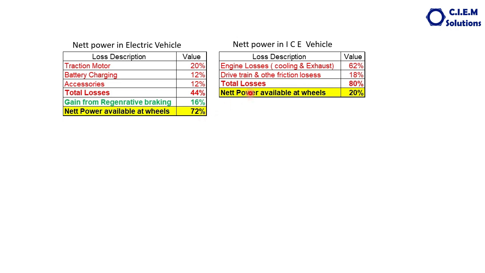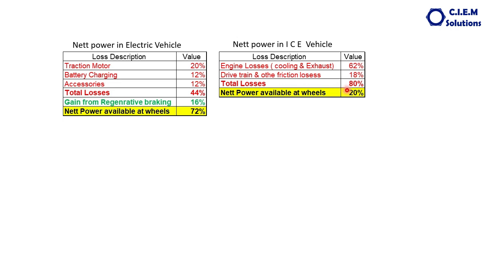In the case of internal combustion engines, the engine losses alone will be 62 to 65%, and maybe in some older engines around 70%. Drivetrain losses, that is transmission, differential, etc., and other friction losses will be around 18%. And there is no regenerative system because there are no batteries, no alternator, no generator.